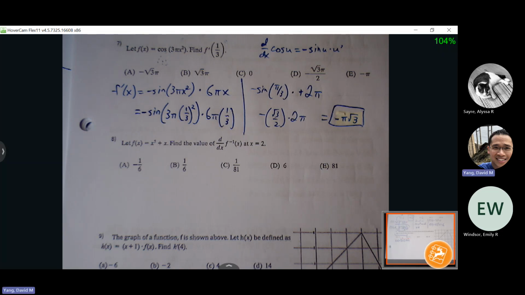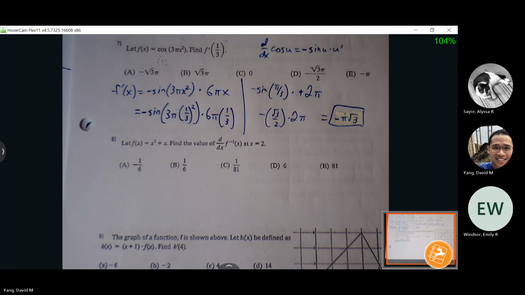When the function has an inverse, there's always going to be that relationship. Now, if I can find f prime of 1, if I can find the slope of the f graph at 1, then this number will lead me to this number, because these numbers will always be reciprocals. So let's find f prime of x first. Then I plug 1 in. What's the derivative of x to the 5th plus x?